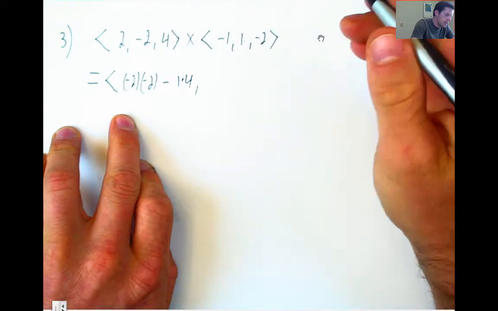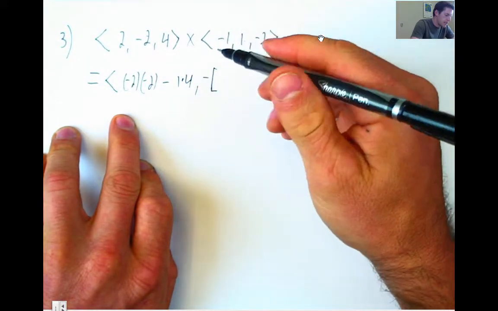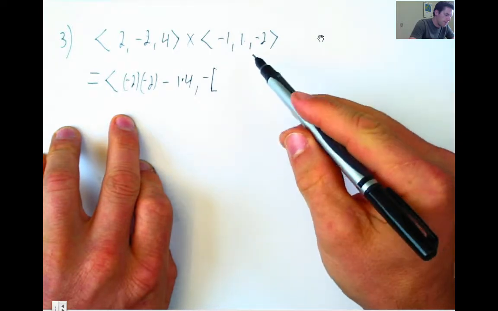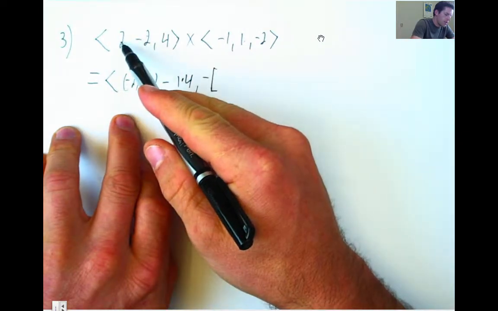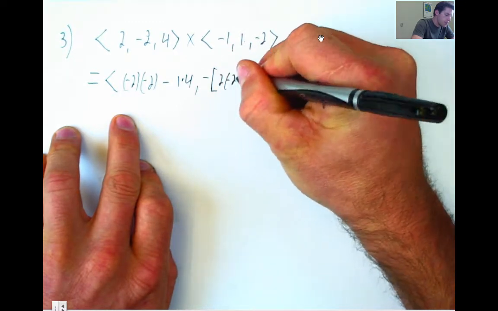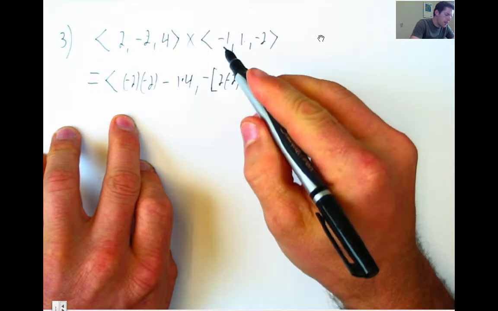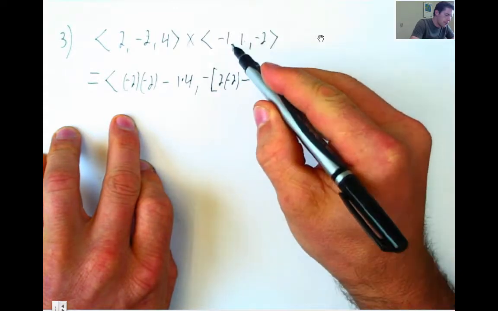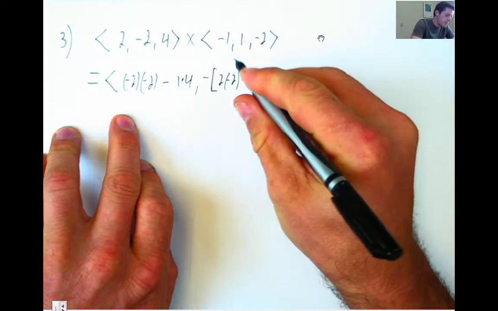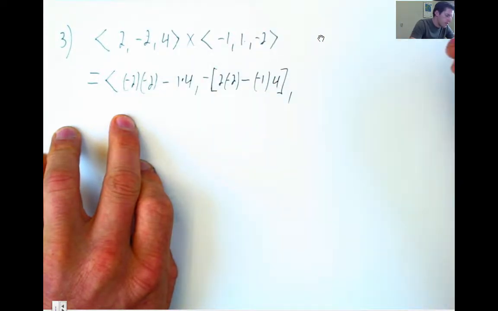So then the second slot, remember we've got that extra minus sign, so we'll attach that to whatever happens in there. Then this first thing times this last thing, 2 times negative 2. Subtract from that this thing, negative 1, and times that thing, 4. Alright, that finishes off that slot.